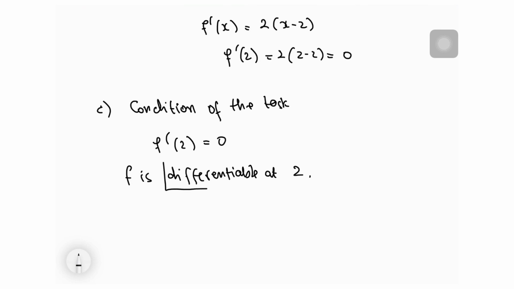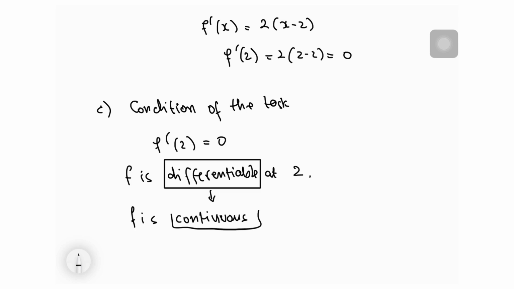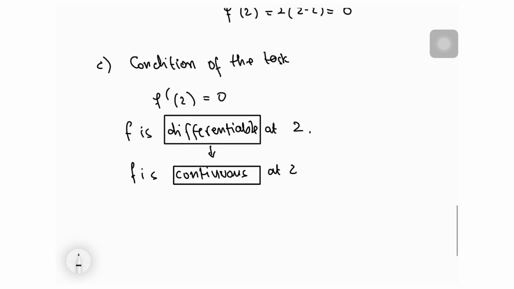Now, we know that differentiability implies continuity. So f is also continuous at 2, and that means the limit when x approaches 2 of f of x equals f of 2.